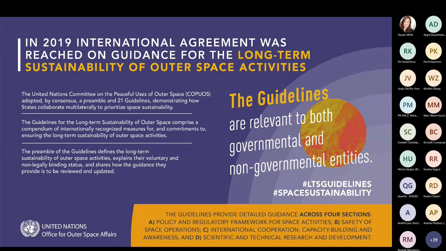It emphasizes that space activities are essential tools for realizing development goals. It explains that the guidelines are relevant to both ongoing and future space activities and to all phases of missions, including launch, operation, and end-of-life disposal. It's also clear that space activities and technologies are developing really quickly. So there are provisions in the preamble for reviewing and revising the guidelines.